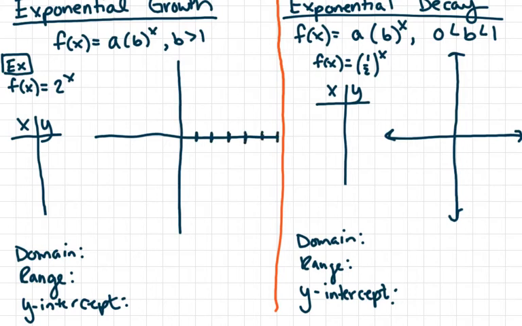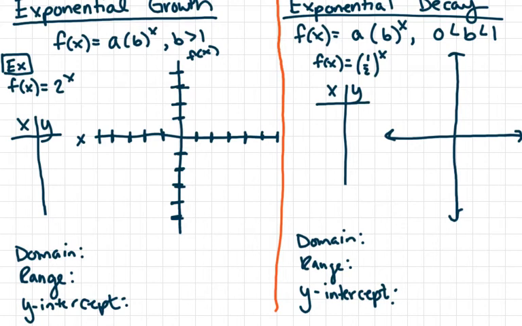So I'm not going to label it just because I want to save room. If I was going by something else, like maybe 2s or 3s or 4s, I would have to label my tick marks. This is x, this is f of x, which is the same thing as y.